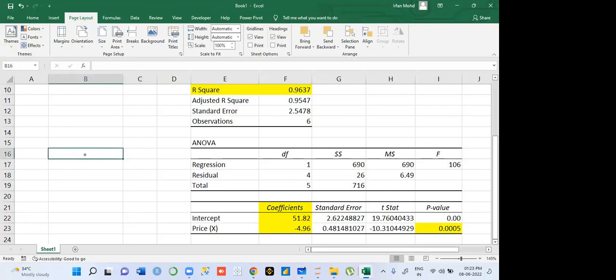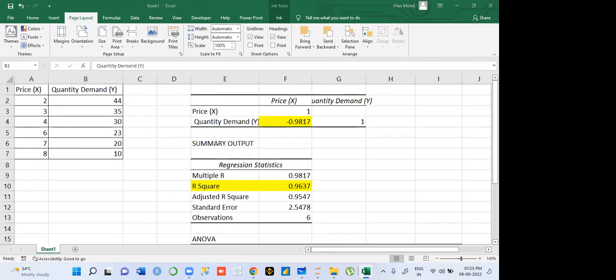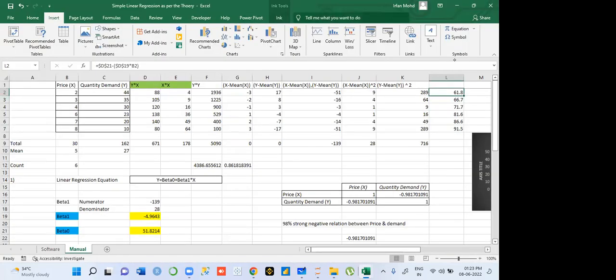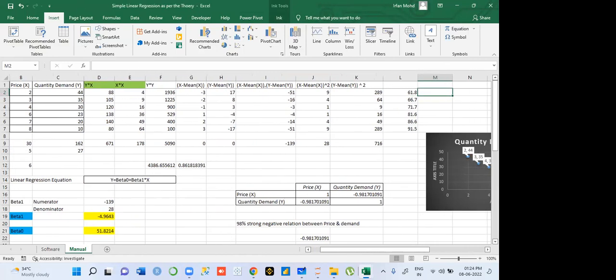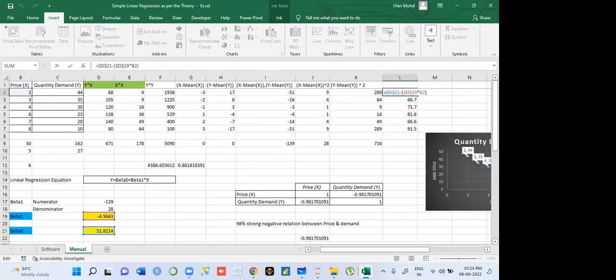So I'll do it over here in Excel for you. One second. Guys, I'm doing it in Excel. A small decimal may vary. The first one I'm getting is 61.